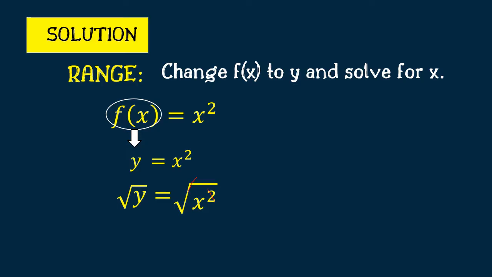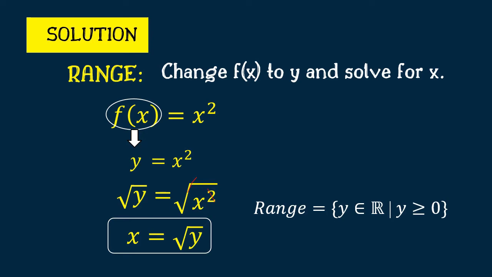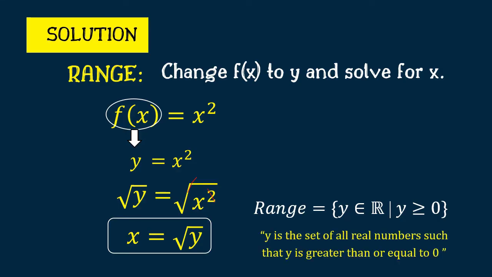If we do that on the right side, we also do that on the left side. Since we have cancelled out both the exponent and the radical symbol, the value of x is the square root of y. From this value of x, we can identify the range as y is the set of all real numbers such that, this bar is read as such that, y is greater than or equal to 0.